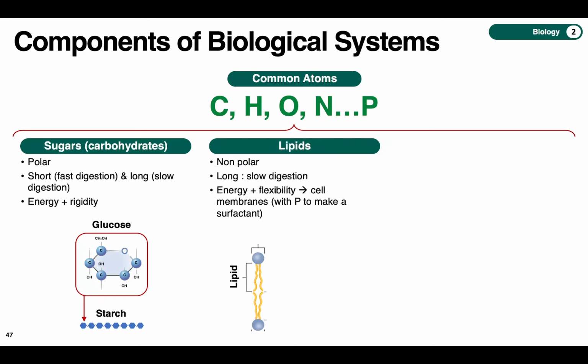In addition to that, we have the second category, which is lipids. So lipids are non-polar long molecules, so non-dissolvable in water, because they're non-polar, so will be dissolvable in oils. And they're mostly made of carbon and oxygen, and they serve as slow energy sources. So when combined with a polar phosphate, they become surfactants.